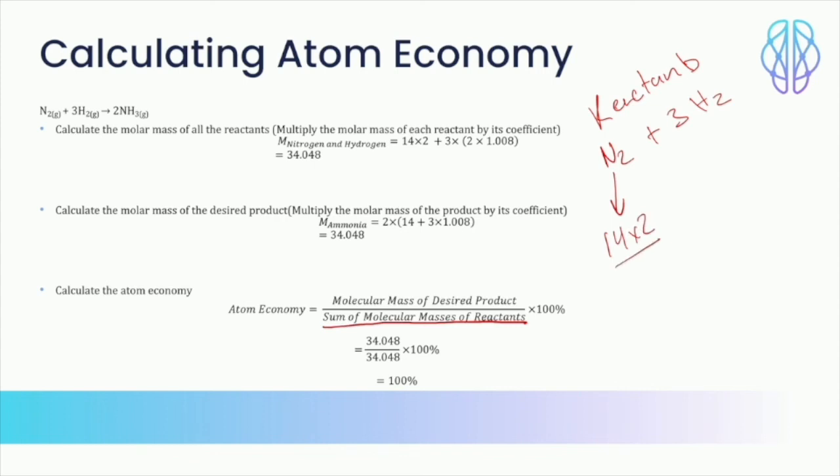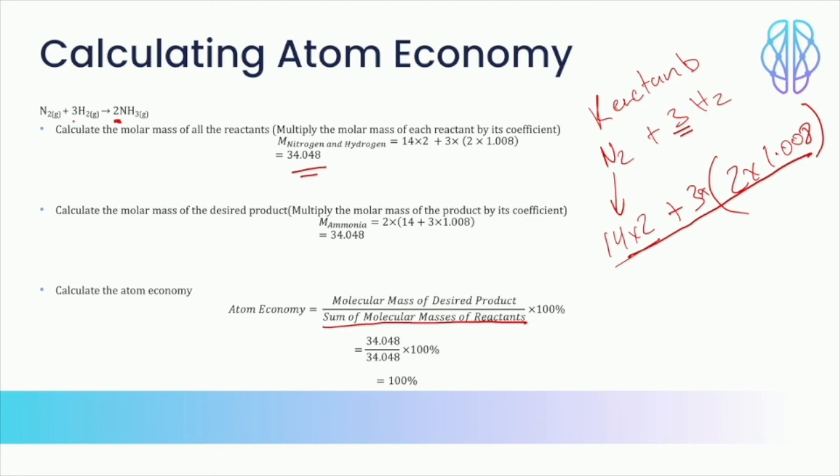Hydrogen, H2, has a molecular mass of 2 times 1.008. However, in this reaction, you use 3 moles of hydrogen. You use 3 of them. So you need to multiply all of this by 3. Once you put that into your calculator, you should get 34.048.